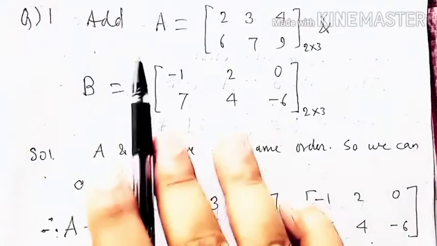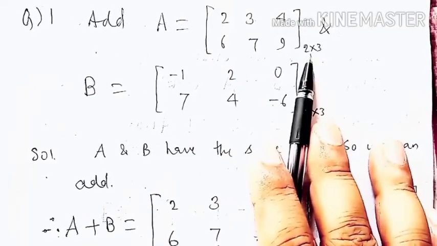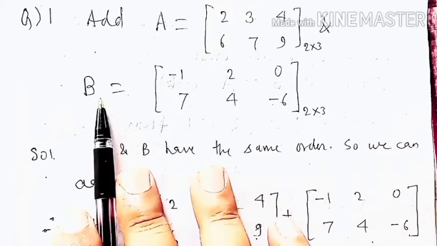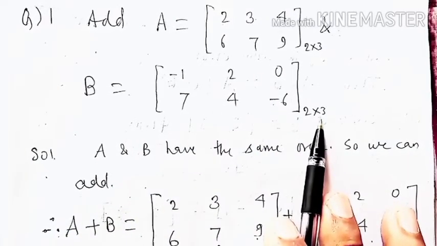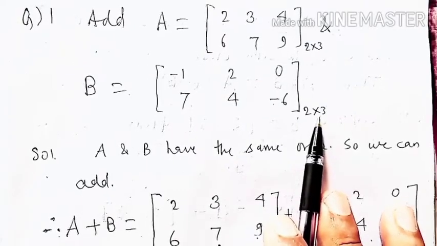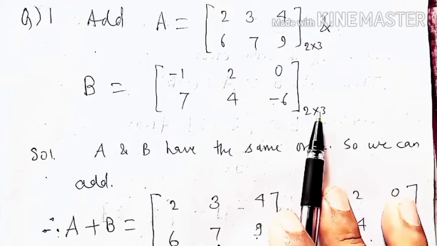For example, here matrix A is 2 3 4 6 7 9. Order is 2 cross 3. Here is another matrix B, minus 1 2 0 7 4 minus 6. Order is 2 cross 3. So addition is possible only when the two matrices have the same order.